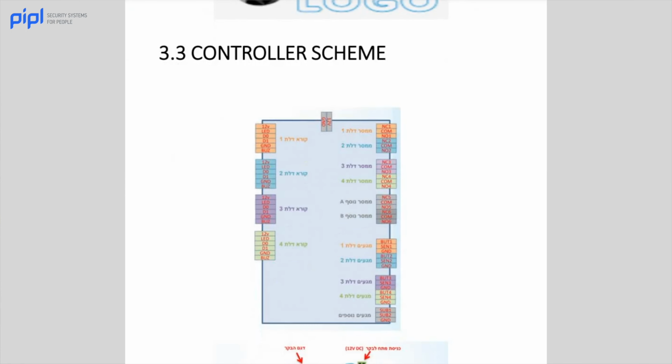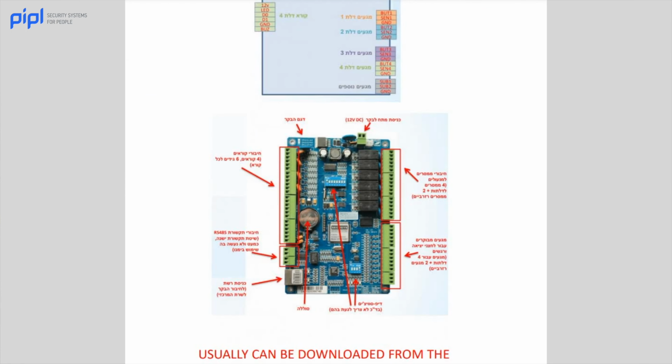Then controller scheme, here is just explaining exactly what technology you've been using. So here you have the main controller, so the arrows are pointing towards the expanders, the battery, dip switch, and all the information about the access control itself.